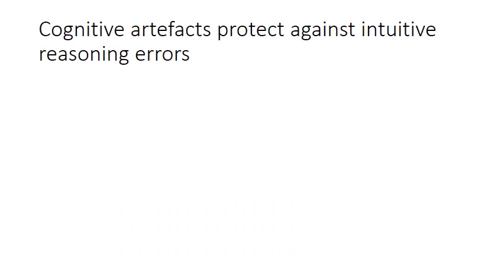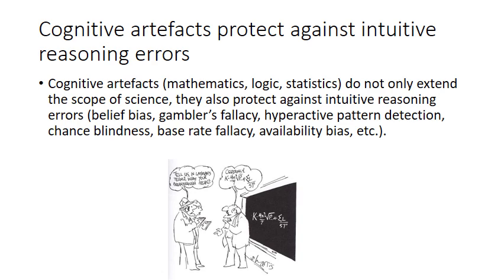On the one hand, cognitive artifacts used by scientists will protect against intuitive reasoning errors. Think about mathematics, logic, and statistics, widely used both in the natural and the social sciences. Statistics is more and more important in these human social sciences.